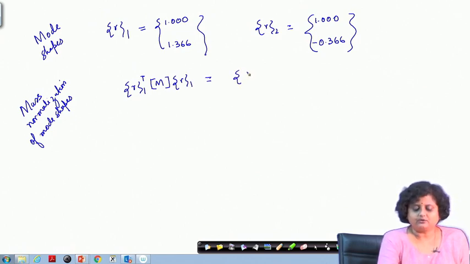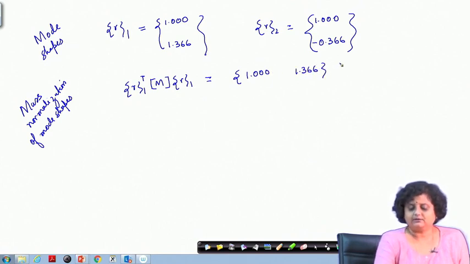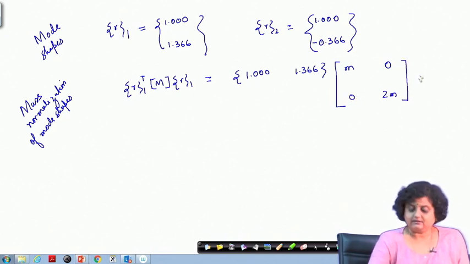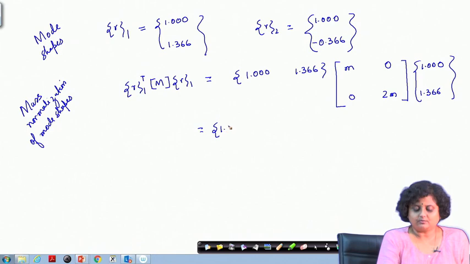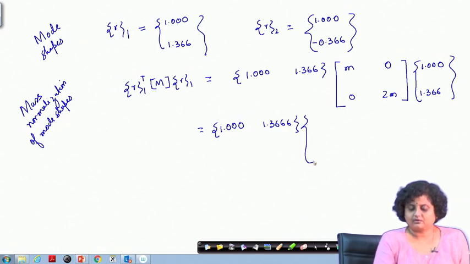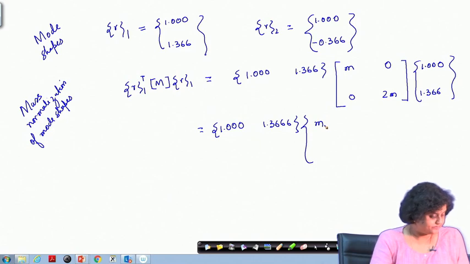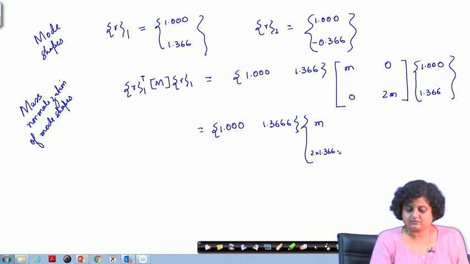This product is 1.000, 1.366, and then the mass matrix is m, 0, 0, 2m, and into 1.000, 1.366.